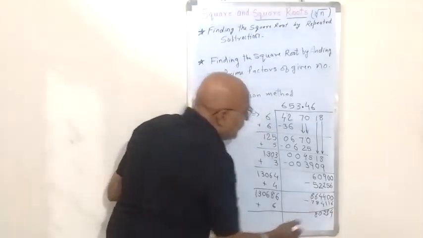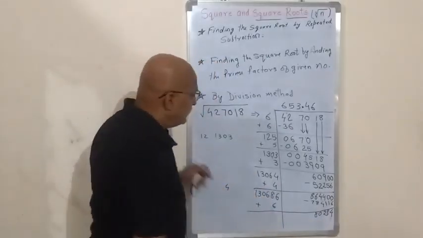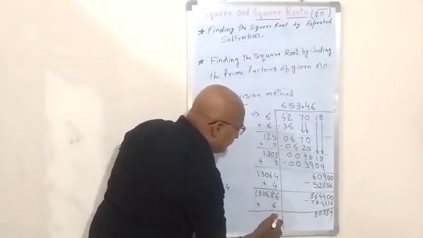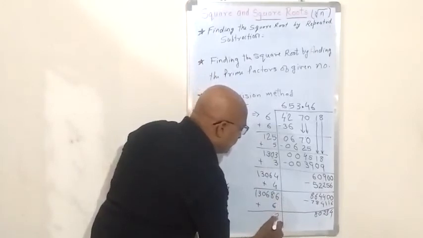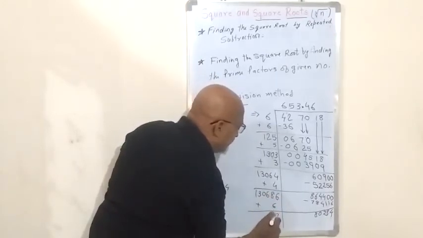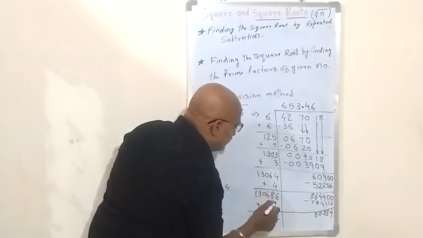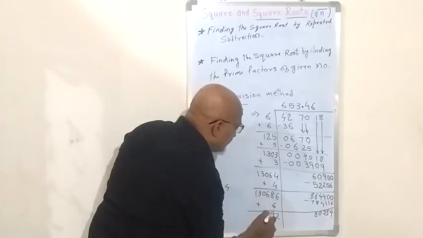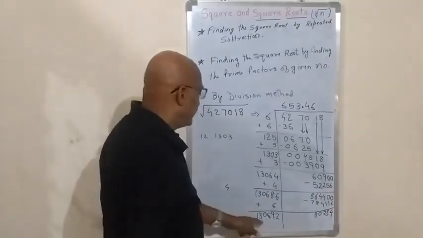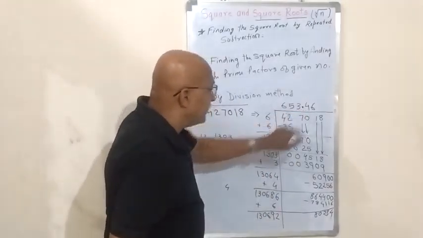So now forget about this remainder. And here we get 6 plus 6, 12, 2. 1 is carry, 8 plus 1 is 9. 6, 0. Now see here the number, not considering this decimal.